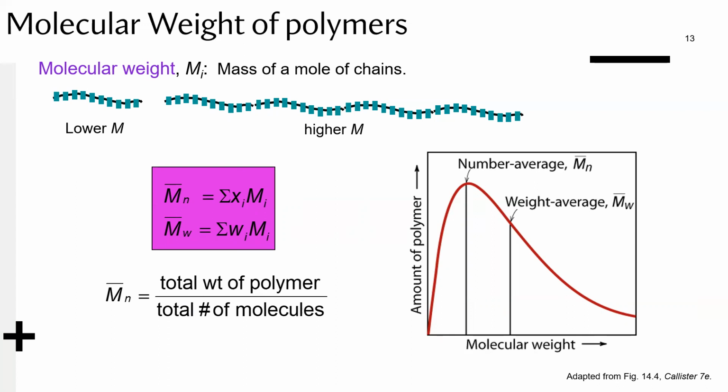If the data gives you the total weight of the mixture and it also tells you how many molecules there are, then you can use this formula. If the data gives you the fractions, either number fraction or weight fraction, and also the molecular weight, then you can use this formula.